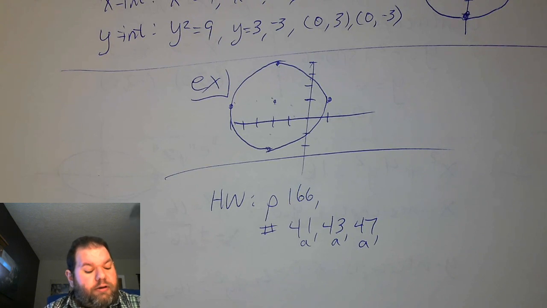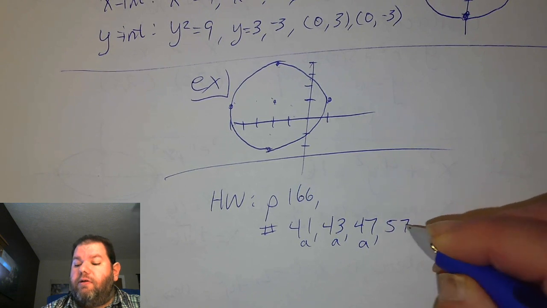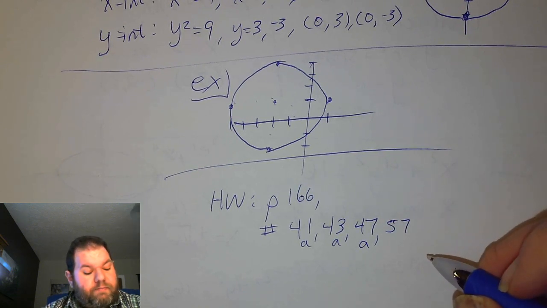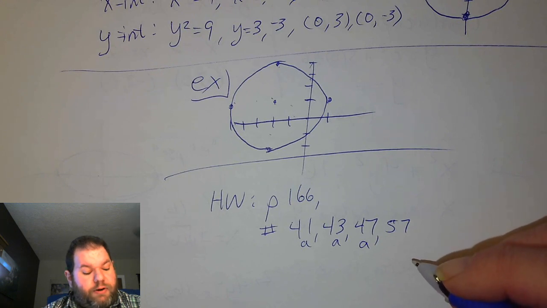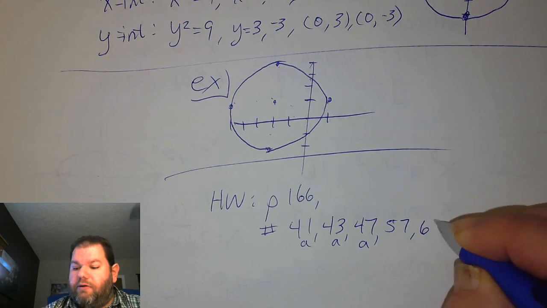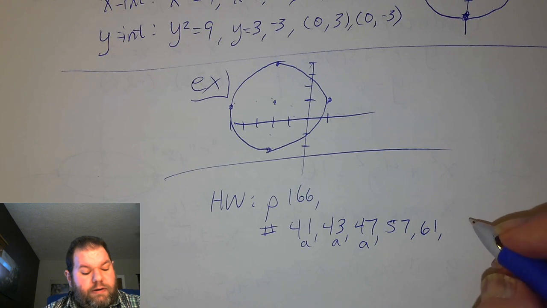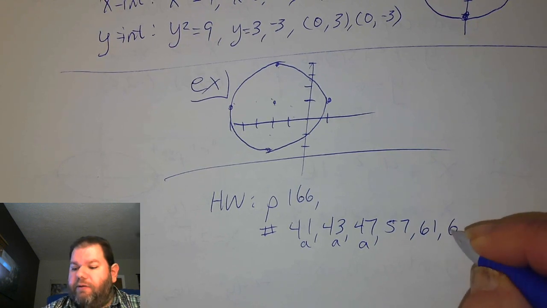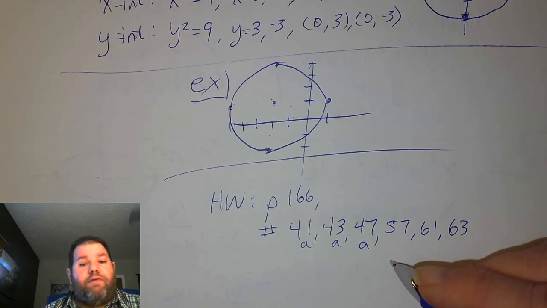And then also look at 57, 61, and 63. And again, just look for intercepts there.